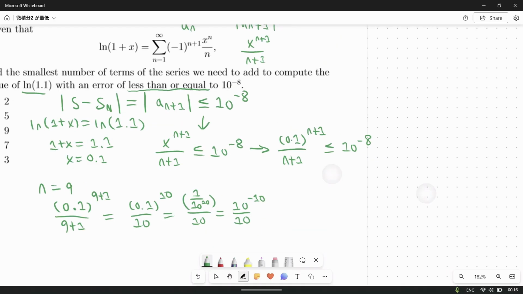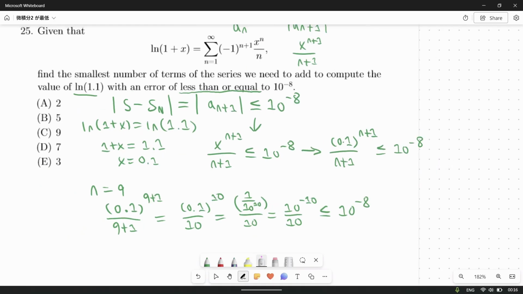And we know that because it's negative 10, this is less than negative 8. So in the case of n is equal to 9, we do satisfy this inequality. What this tells us is that 9 terms is going to be enough terms to add up to end up with an approximate value for the natural log of 1.1 within our threshold value.